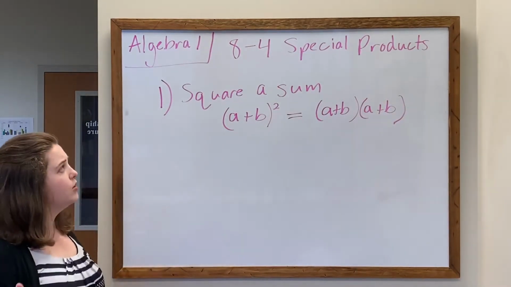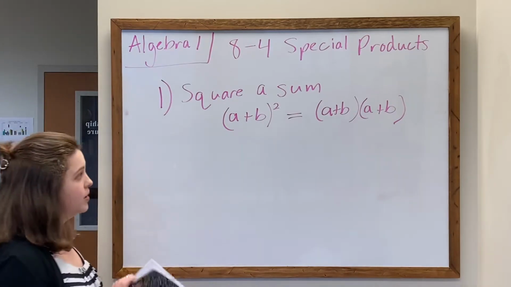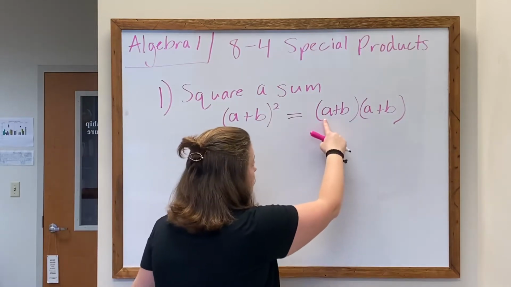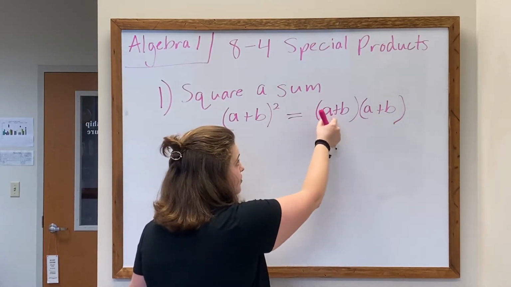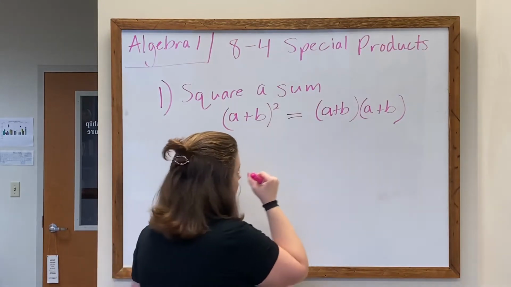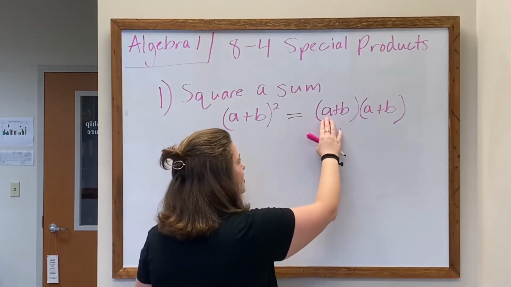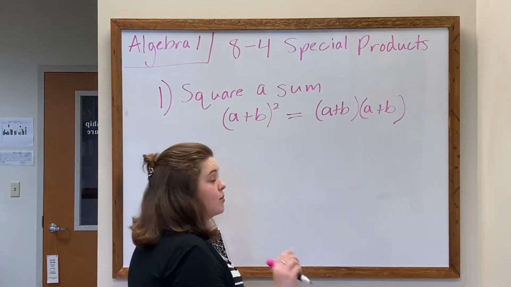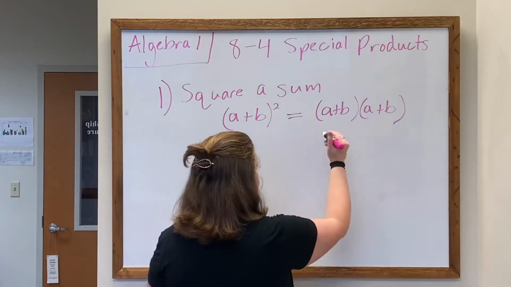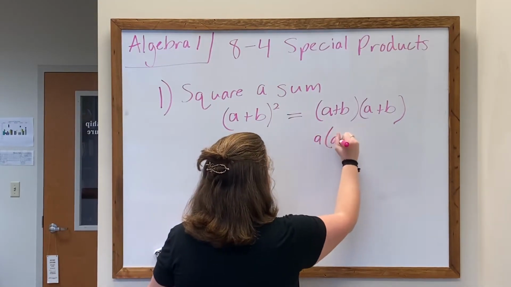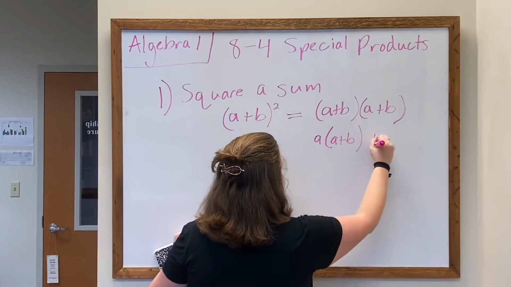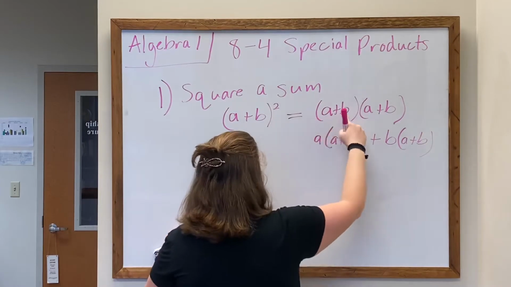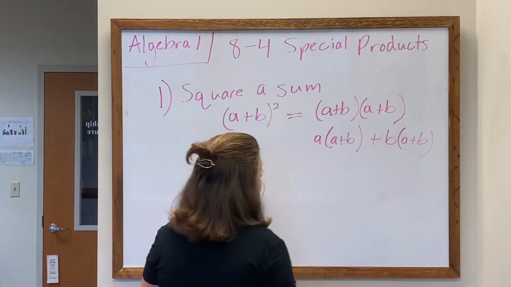Okay, now if I follow my rules for multiplying a polynomial, just like I showed you yesterday, we have to make sure that each term of this parentheses is multiplied by each term in these parentheses. So I'm going to split it up, and I'm going to go a times (a plus b) plus b times (a plus b), because I have to make sure that both of these are multiplied by both of these.